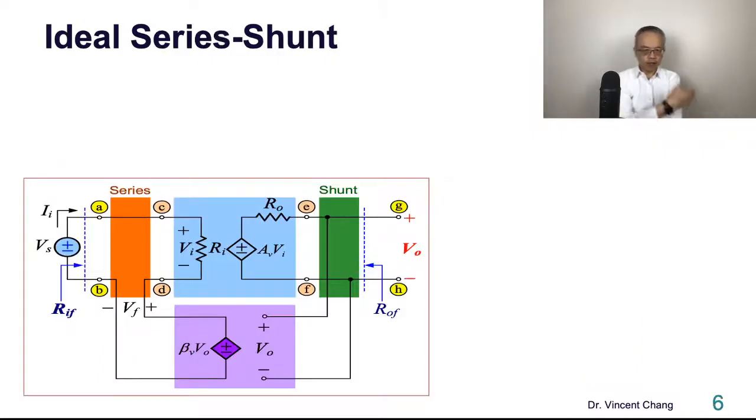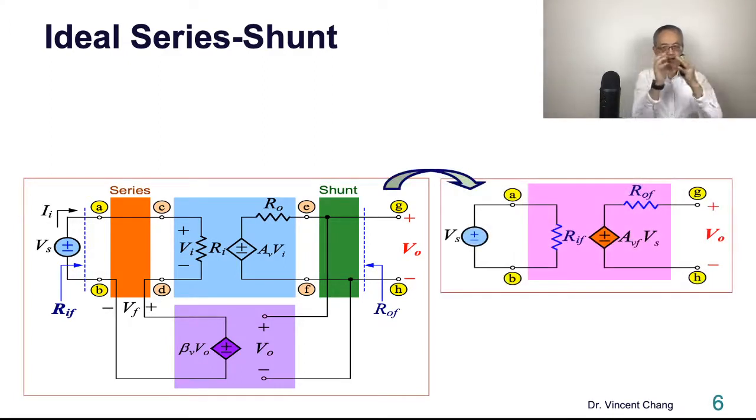For the ideal series-shunt feedback, the whole structure on the left-hand side, we can consolidate and simplify the whole series-shunt feedback circuit into a simple version on your right. And three parameters pop up.